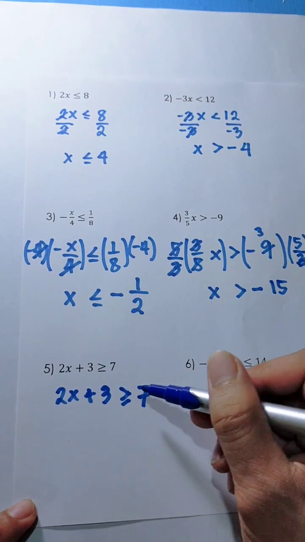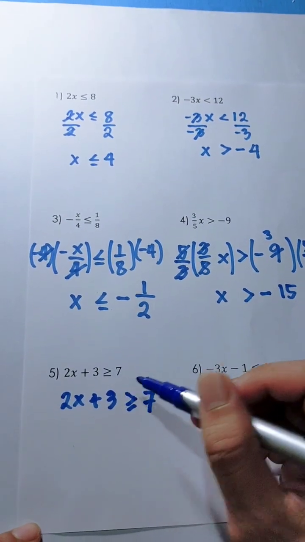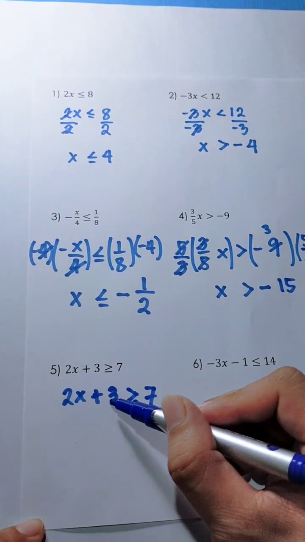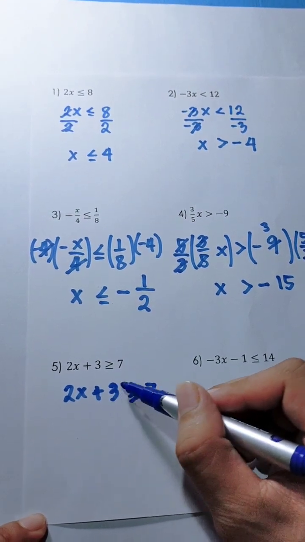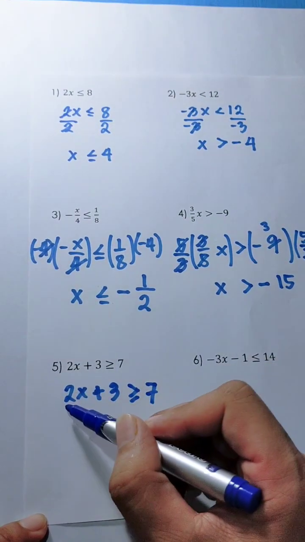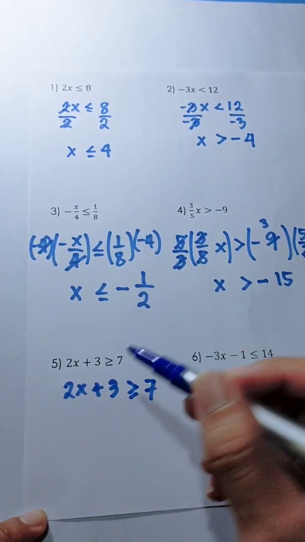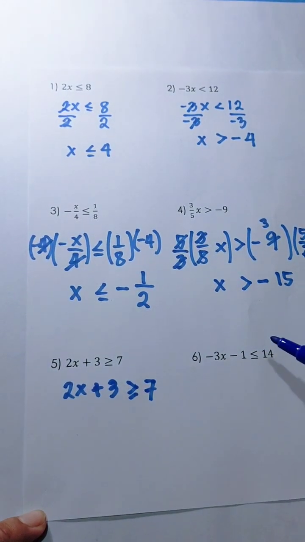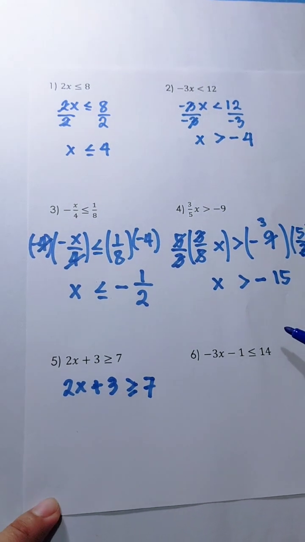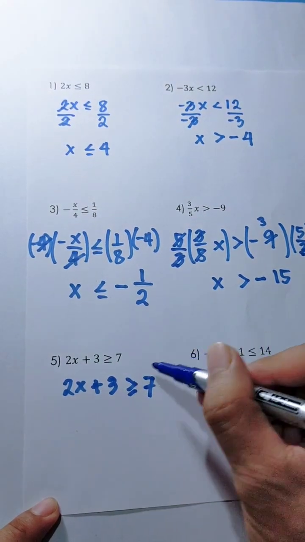This is a two-step inequality, meaning in one step, we remove the 3 here. The second step is we remove the coefficient 2 here so that our x will be isolated. Now we'll use transposition.